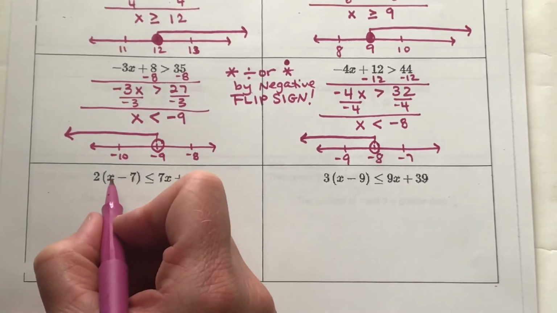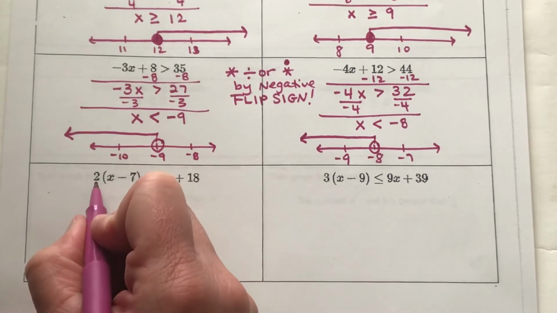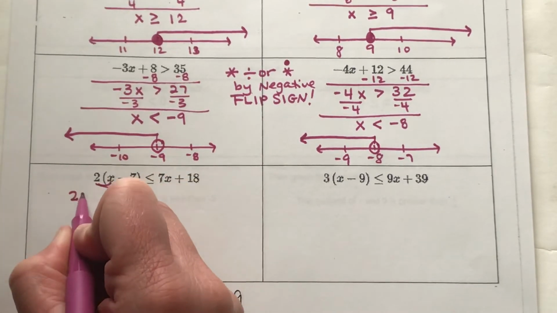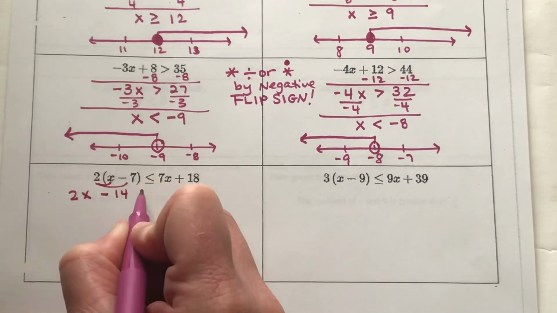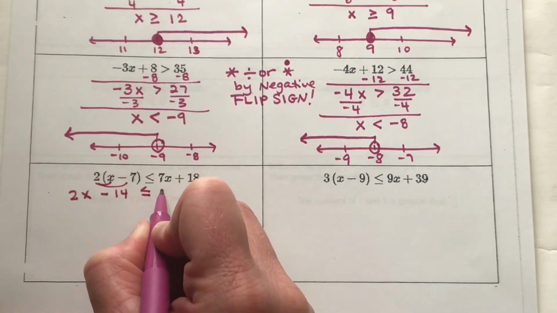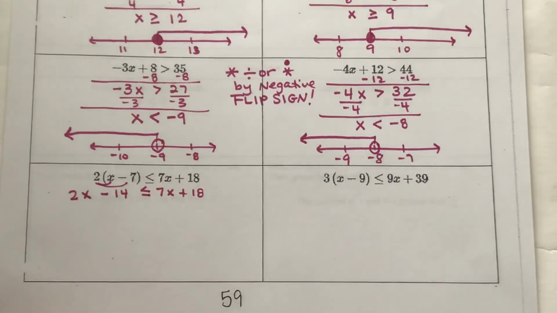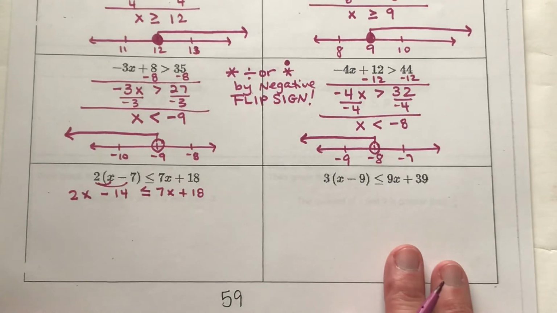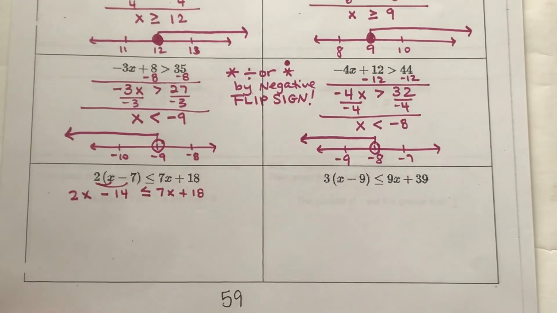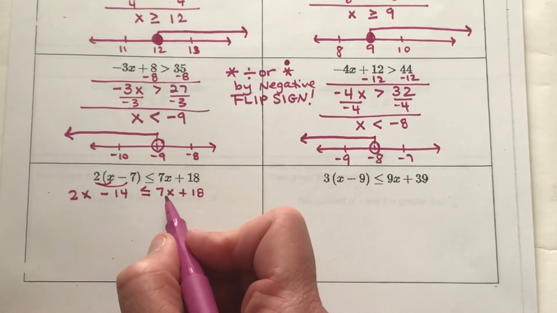I'm going to start by distributing this 2. I'm going to have 2x minus 14 is less than or equal to 7x plus 18. So now I need to solve like I have variables on both sides when I have an equal sign. I'm going to start by moving my x's, and I like to have my x's on the left.